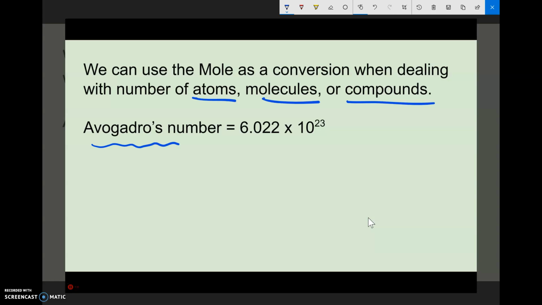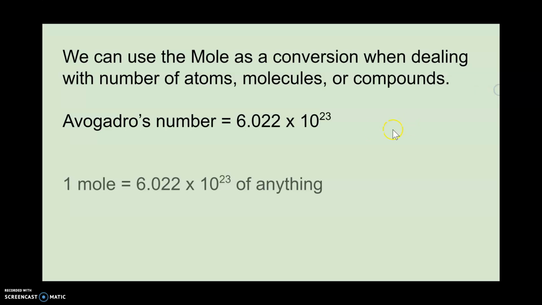It's called Avogadro's number. Avogadro's number is 6.022 times 10 to the 23rd. So 1 mole is equal to 6.022 times 10 to the 23rd of anything: paper, money, gallons of milk, paper airplanes, whatever it is.